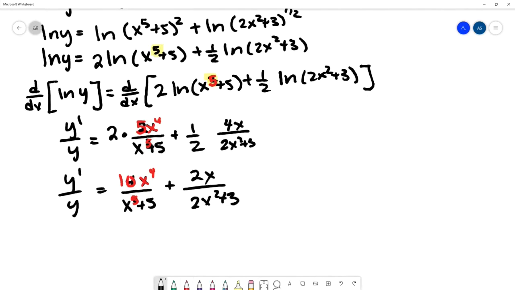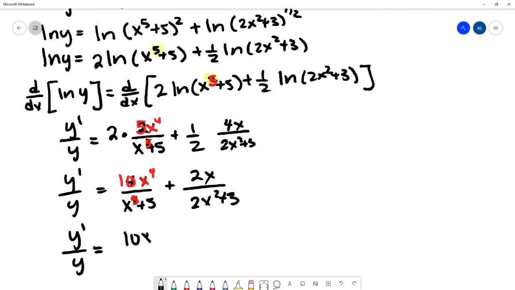So it's not necessary for your test, but for just making the algebra as simple as possible, I'm going to go ahead and get a common denominator and combine these two fractions together.